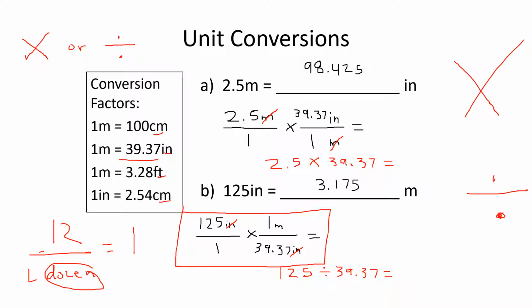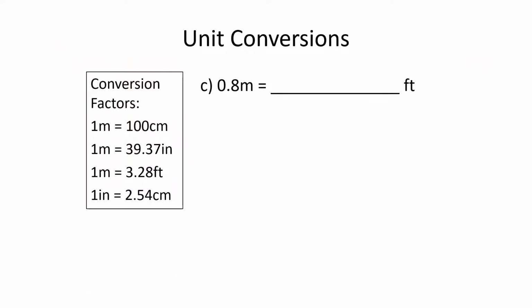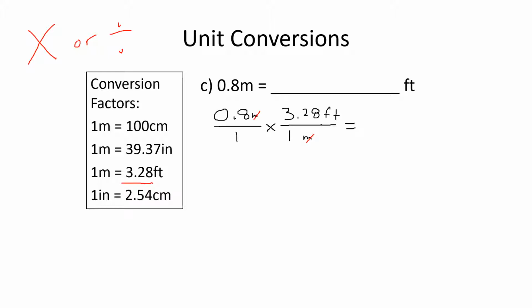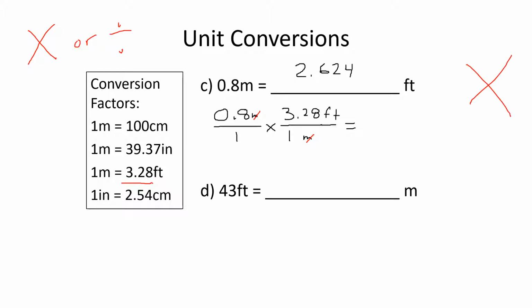All right, let's do some more conversions. Meters into feet. Do I multiply or divide? Multiply, she says. So our conversion factor is this guy. So let's set it up. Very good. It's in the numerator. You're going to multiply. Very good. D. Am I going to multiply or divide? Divide. All right. You already got the pattern from the first one.